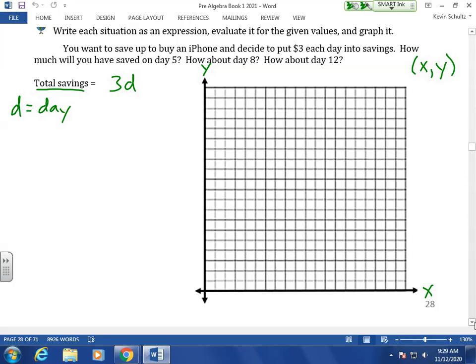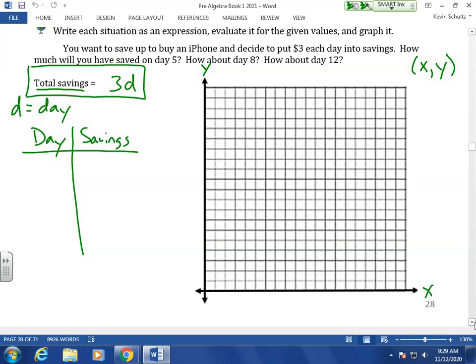Okay? So we can make a little chart for the day and the savings. If our expression is total savings equals 3D, on day 5, what's our total savings? Ifan, I'll let you take this one because you kind of brought it up first.